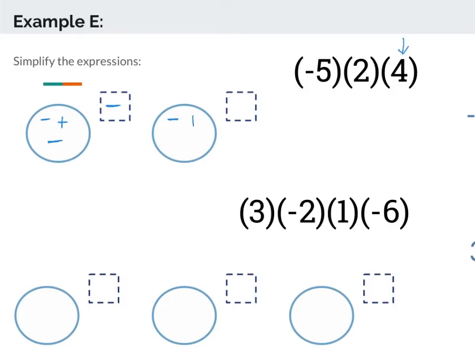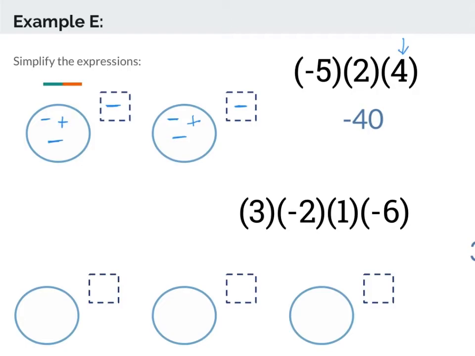So my last answer is going to be negative because a negative times a positive is a negative. Whatever I come up with here math-wise is going to be a negative answer. So 5 times 2 gives me 10. 10 times 4 gives me 40, and I know my answer will be negative, so my answer is negative 40.